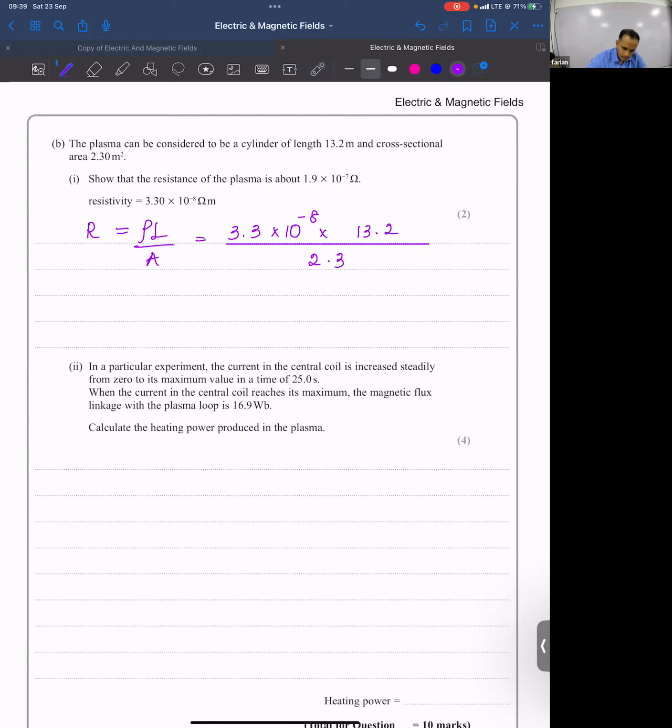Cross-sectional area is given 2.3. I'm getting 1.89 into 10 to the power minus 7 ohms.